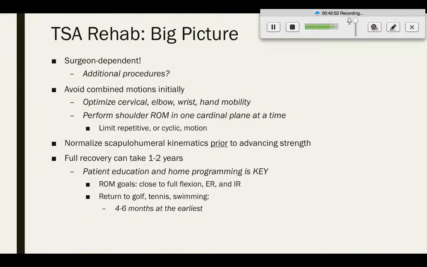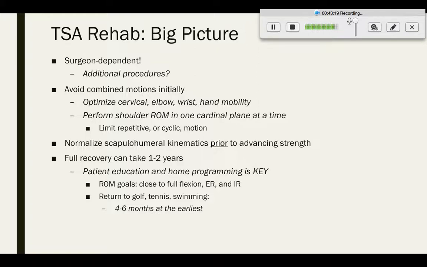Big picture rehab, again, surgeon dependent. Did they have any other procedures performed? Sometimes if there's a small rotator cuff tear, they'll do a total shoulder, and they'll also do a small rotator cuff repair as well. So you just want to know if that happens and clarify relevant post-operative precautions with the surgeon. You want to avoid combined motions initially.